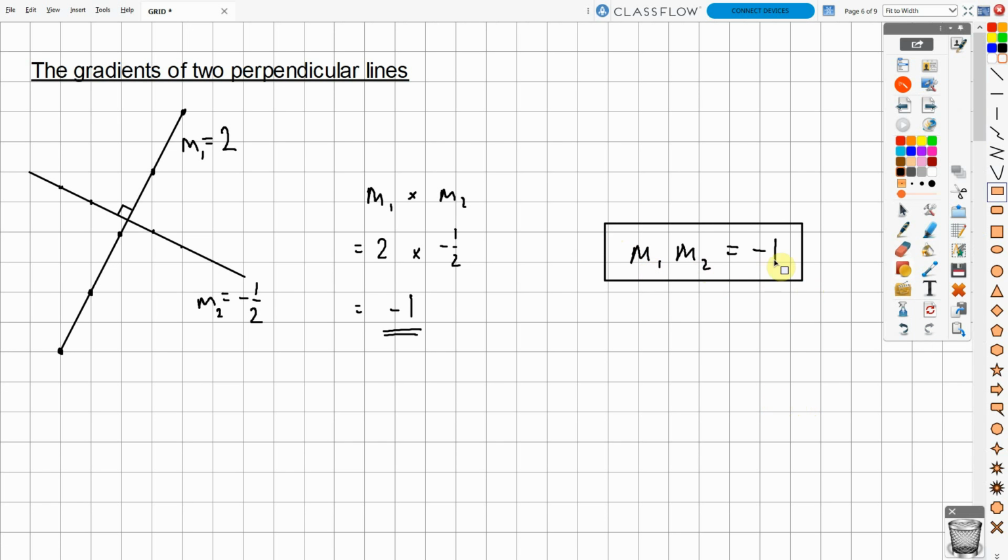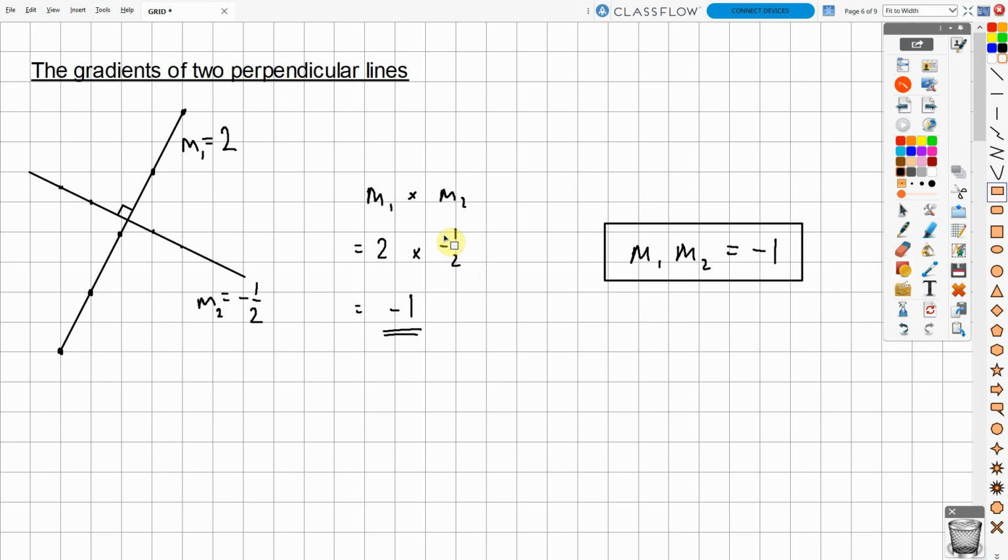Now that's all well and good, but there's actually an easier way to think about it. If you notice, the 2 pairs up with -0.5. Now -0.5 is the negative reciprocal of 2. You should know that a reciprocal is just basically a fraction that's been flipped. So 2/1 has been flipped to become a half, but it's got a negative on the front.